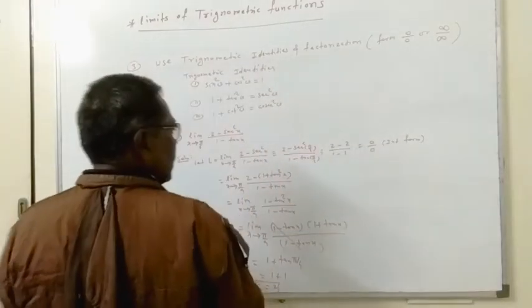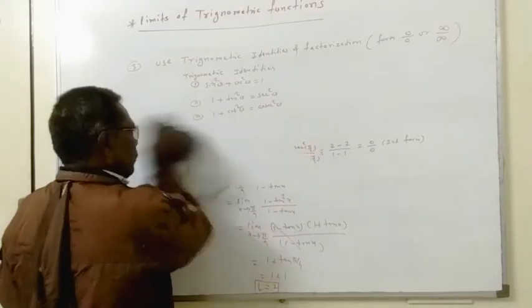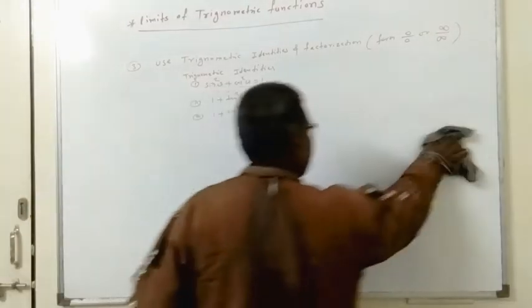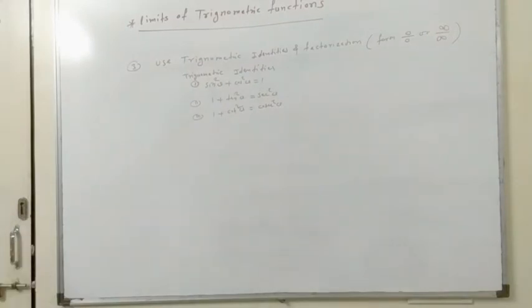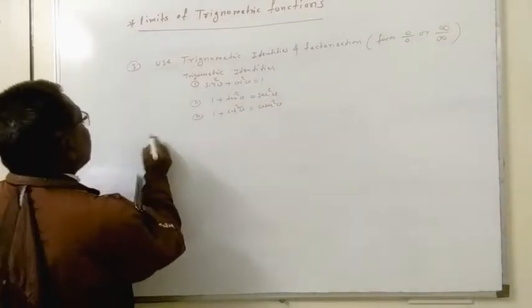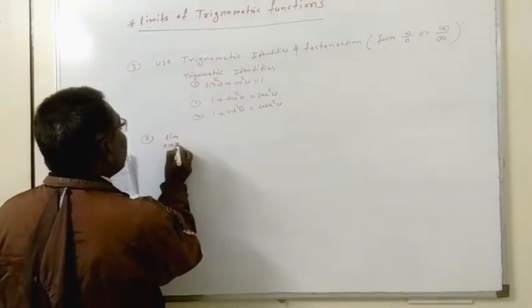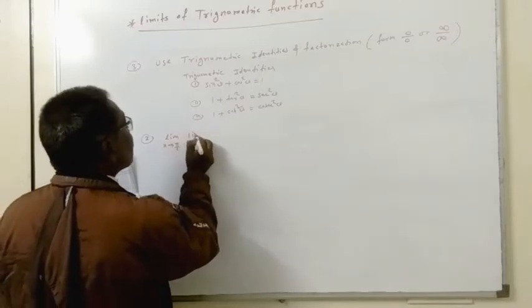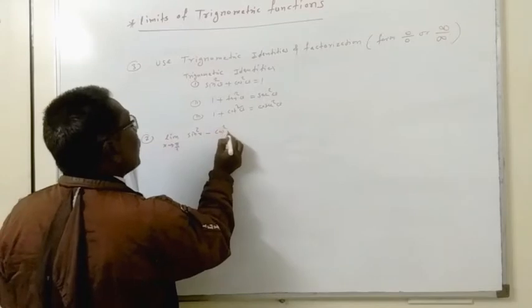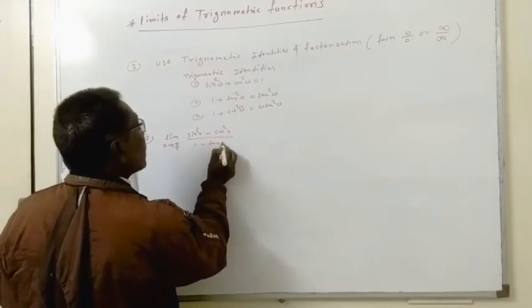Now we take one more example for this method. Second example for this method: limit x tends to pi by 4 of (sin square x minus cos square x) divided by (1 minus tan x).